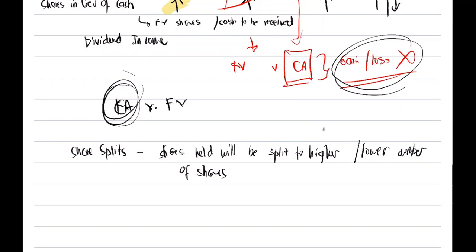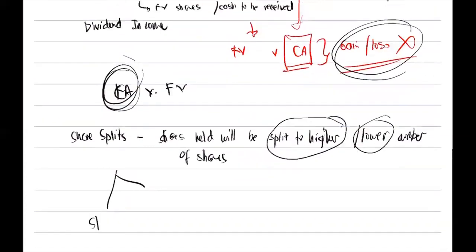So what do we mean if there is a split to higher and split to lower? So andito na yung concept ng split up at saka split down.